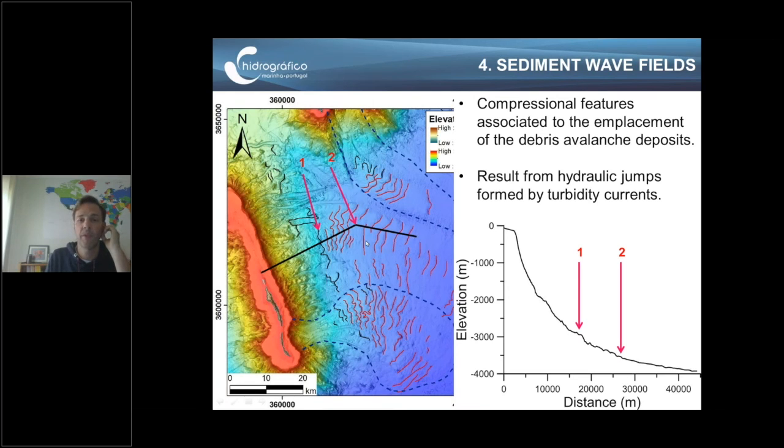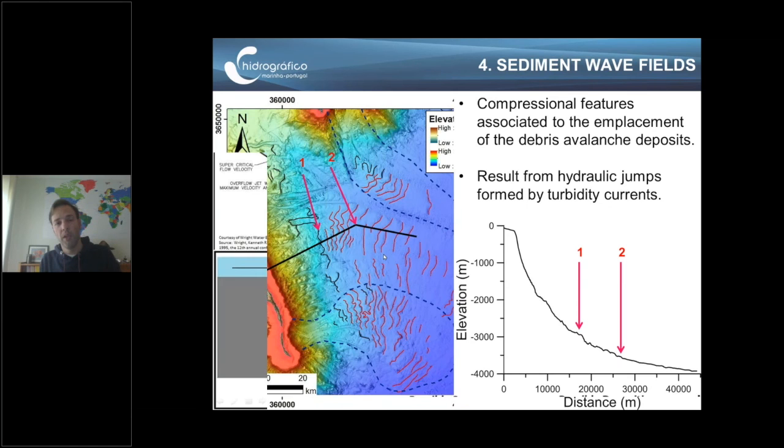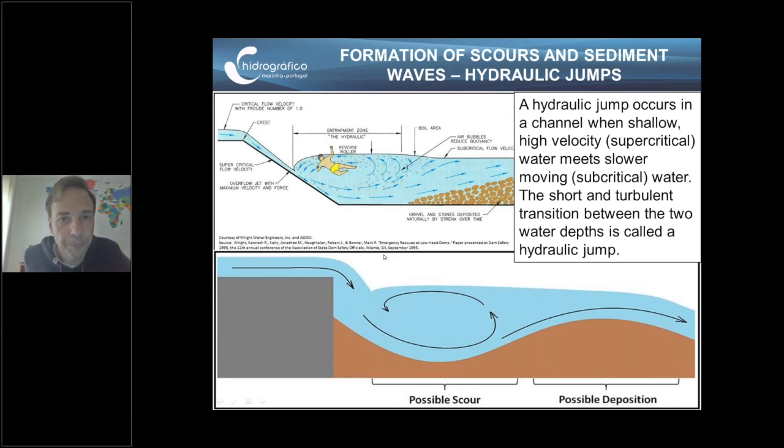We think they result from hydraulic jumps formed by these turbidity currents that we saw that are draining the slopes of the island. So for those who don't know what hydraulic jumps are, I have here a sketch to try to explain very briefly.